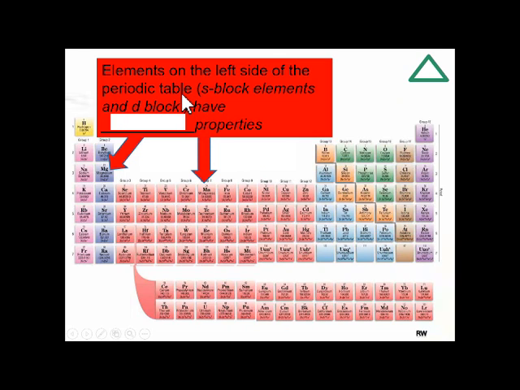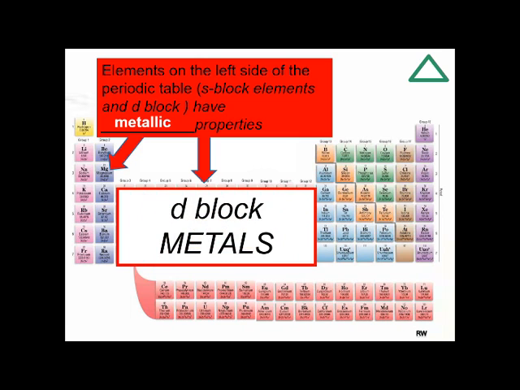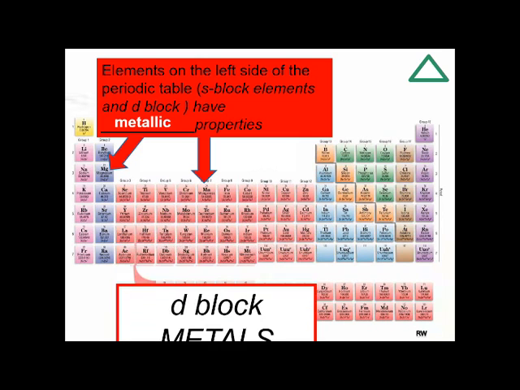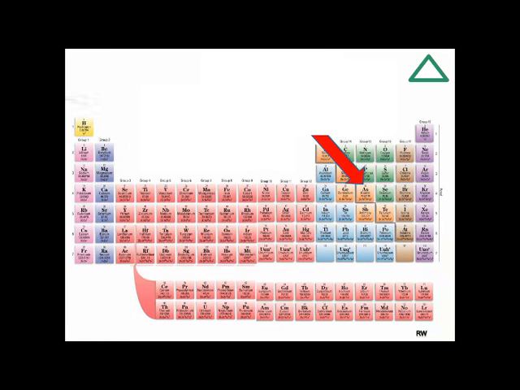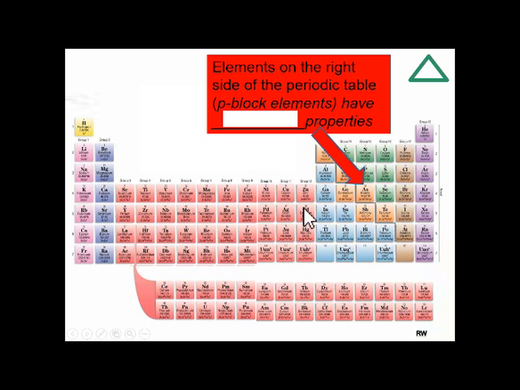Okay, notice in general the elements on the left side of the periodic table, that's the S block here and D block here, right? They have metallic properties. The D metals and the S block metals have metallic properties. These over here, meaning mainly up here in this section, the non-metals have non-metallic properties.